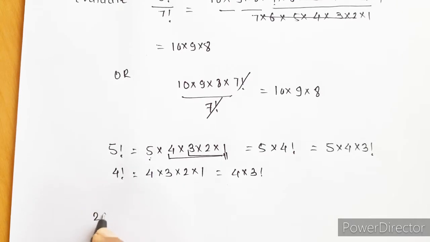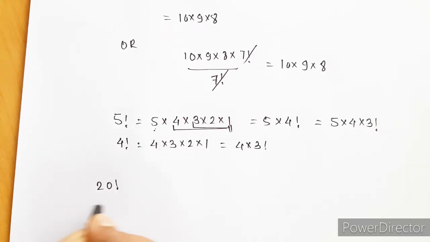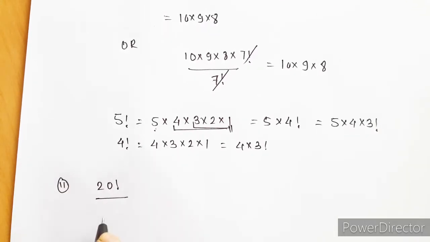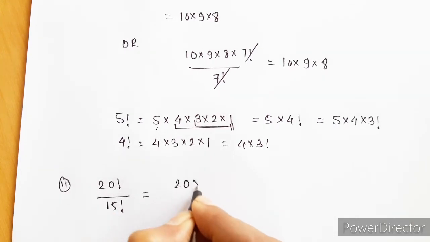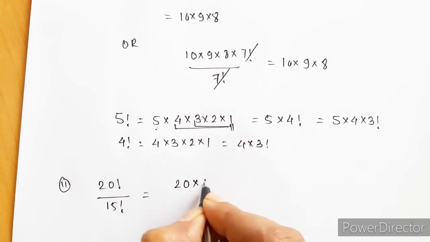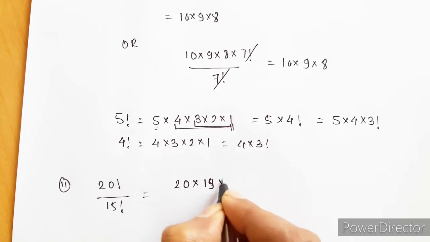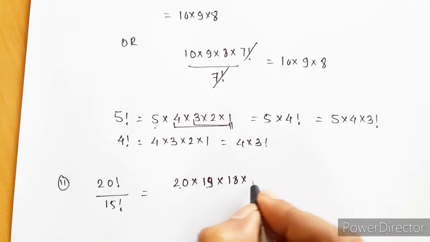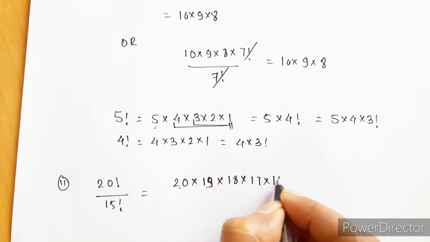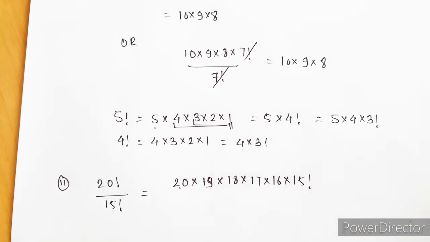For example, suppose I need to evaluate 20 factorial upon 15 factorial. It is tedious work to expand all these 20 terms here, then 15 terms and then cancel. So instead we can expand 20 factorial till 15 factorial: 20, 19, 18, then 17, 16 and 15 factorial.